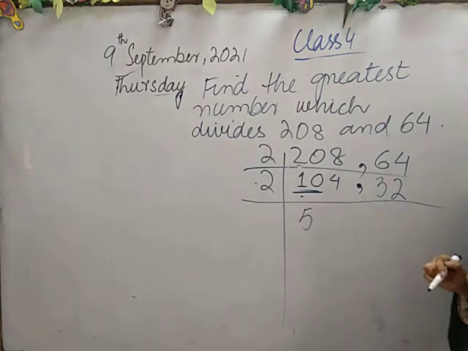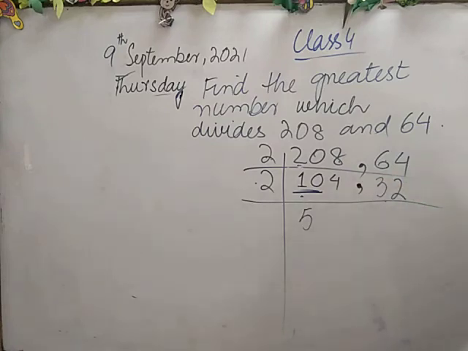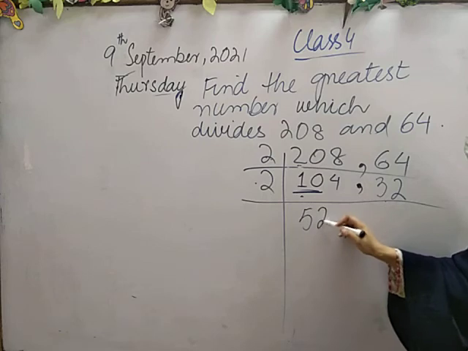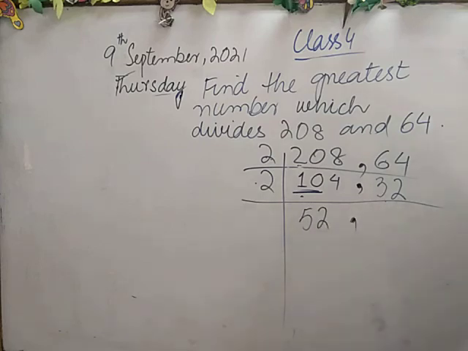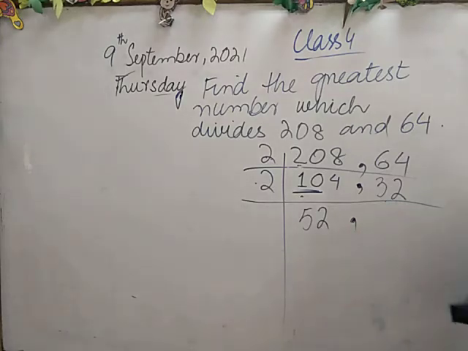Okay? Now, by how many times I will multiply 2 to get 4? Because I want 4. Very good. I will write 2 here. I will read the table of 2 and as you know, class, 2 times 2 is 4. I will write 2 here. Fine?